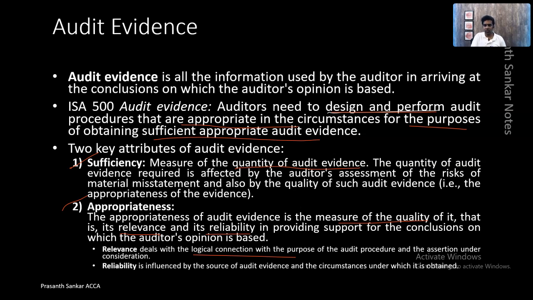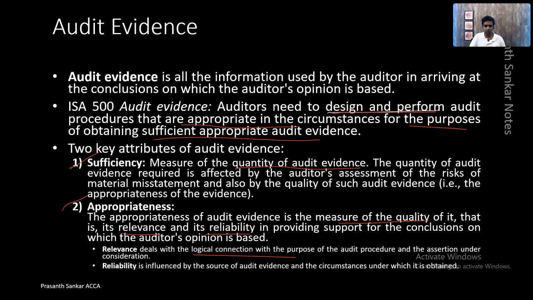If he is trying to prove that the revenue has occurred, then he needs to have an invoice in nature. But whereas he is trying to prove we have received the cash based on the revenue, he should have a bank statement in nature. So the audit evidence should be connected with the logical purpose of the procedure that he is performing.